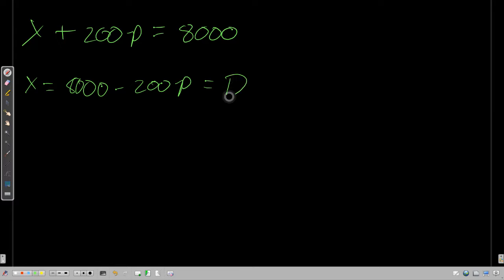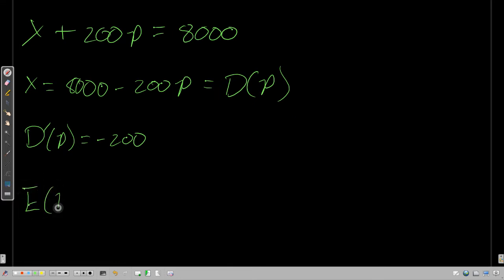This is now a function of P. I can choose the price, I can put it right there, and it will tell me the number of units demanded at that price. And I can proceed with getting the derivative. That's easy. Okay, minus 200. And then just plug away at the formula for elasticity of demand.